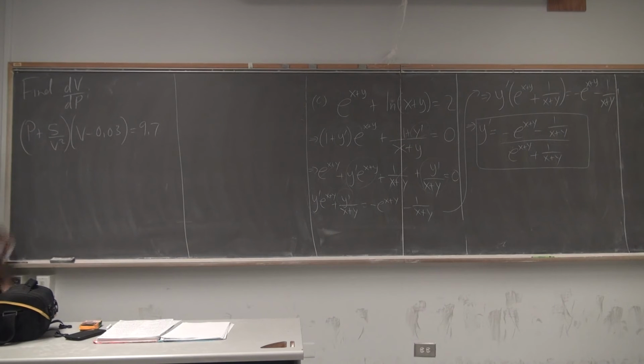Find dV/dP, the rate of change of the volume with respect to pressure. So as pressure increases by 1 unit, what happens to the volume? What do I do here? What rule do you use?